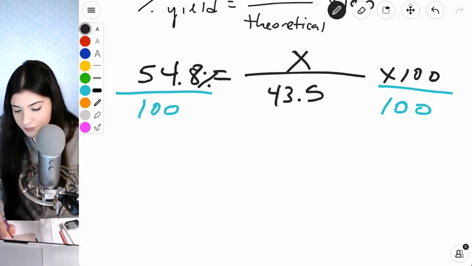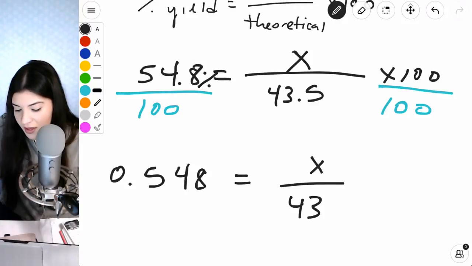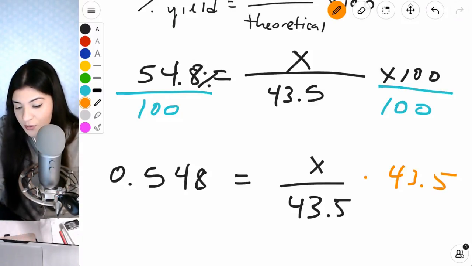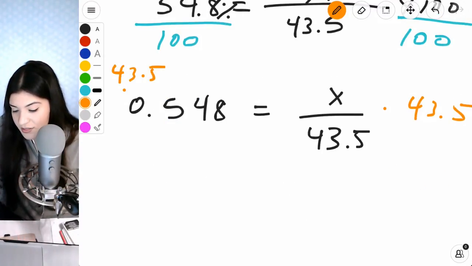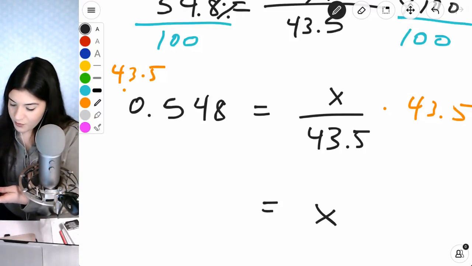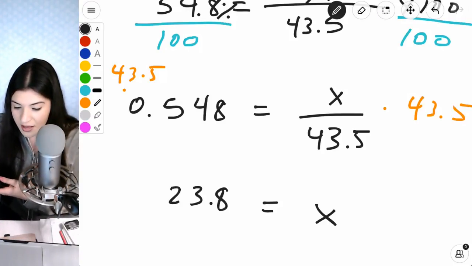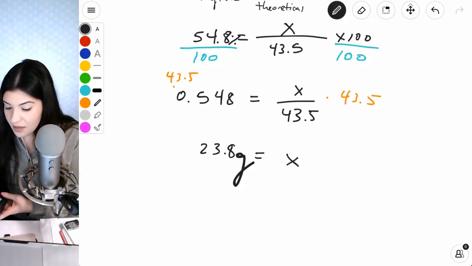So dividing that over, this would have been 0.548 is equal to X over 43.5. Last step of this one is to multiply both sides by 43.5 to solve for X. So X is then going to equal 0.548 times 43.5. This is 23.8, and that would have been our actual yield, okay? And that would have been grams.